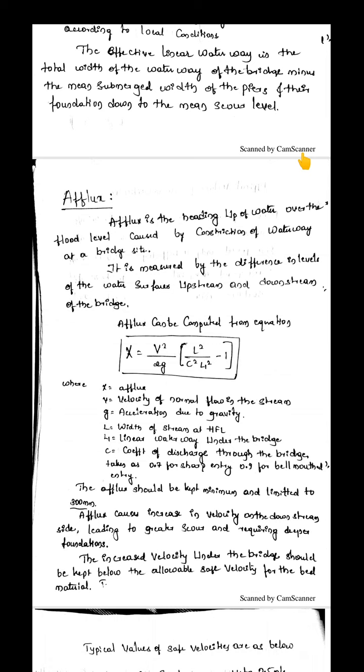If the velocity increases, the afflux also increases as the square. It is also directly proportional to the width of the stream. If the width is more, afflux is more. If the width of any pier or abutment is more, then the afflux will be more.